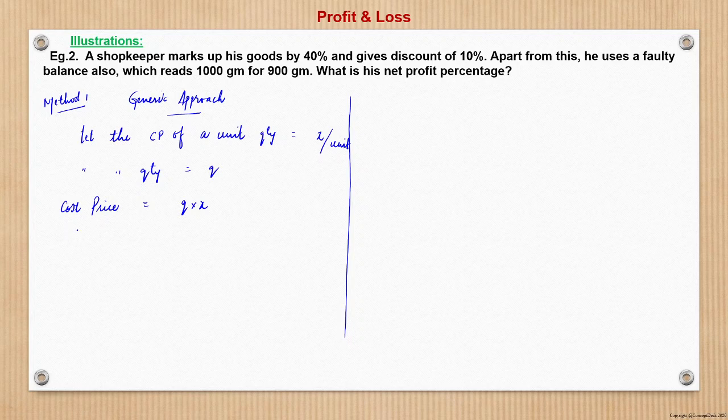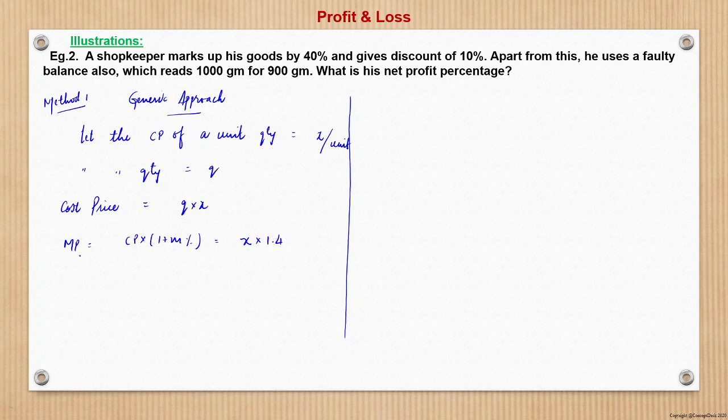Now what is the selling price? To obtain the selling price, first we will obtain the mark price. Mark price is cost price into 1 plus markup percent. Let us say per unit, so MP per unit becomes CP x into markup of 40%, so 1.4, right?